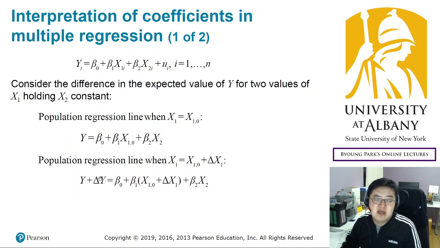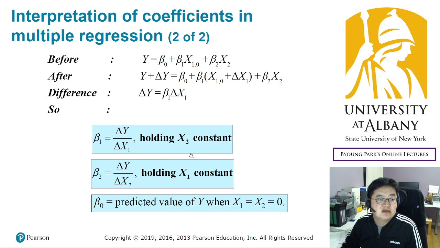So delta y captures the change in the expectation of test score, and delta x1 captures the change in the student-to-teacher ratio. And then by comparing these two, you can calculate the expected change in the test score caused by the change in x1. That's simple.